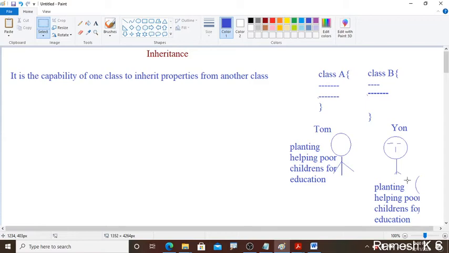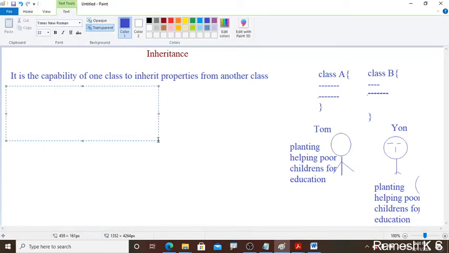Okay now. Inheritance is one of the features, one of the characteristics of object oriented programming. In an inheritance we compulsorily have two classes.